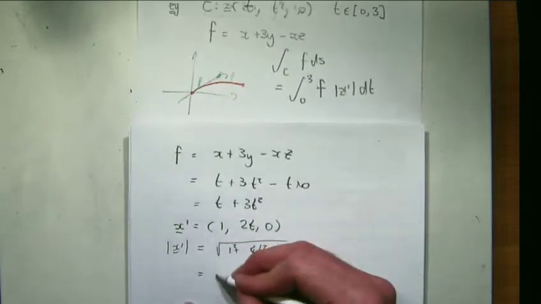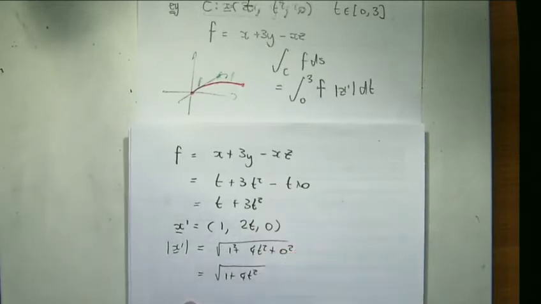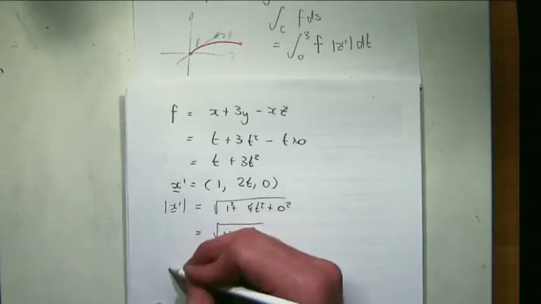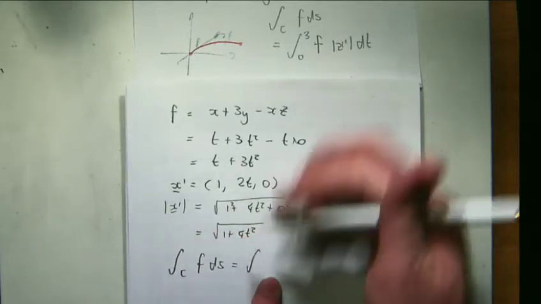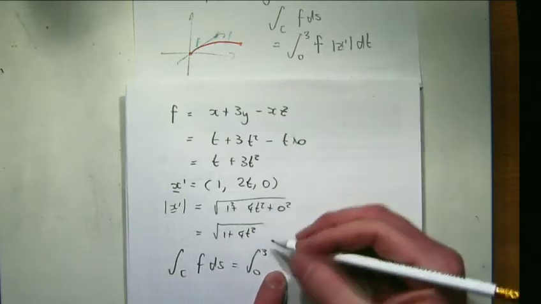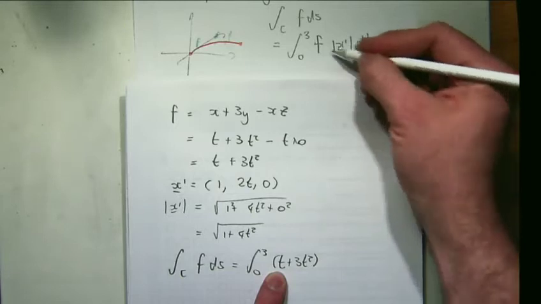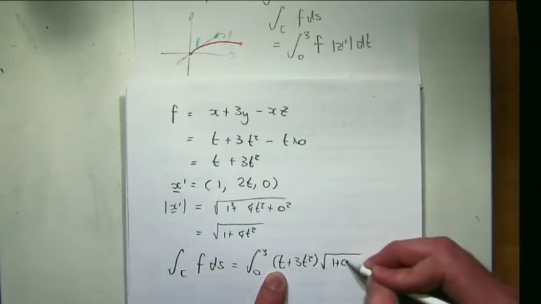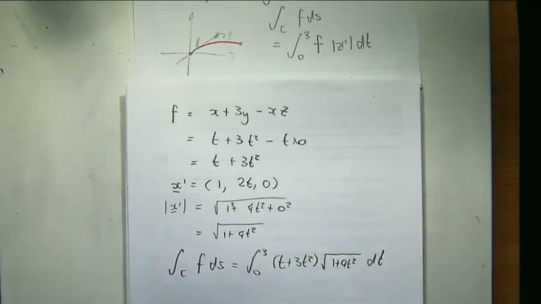So that's root. I've made this hard for myself, but that's okay. And so therefore the integral of c of f ds is actually from 0 to 3 of f, which was t plus 3t squared, and the length of x dashed, and I do not like my chances of figuring that out today.